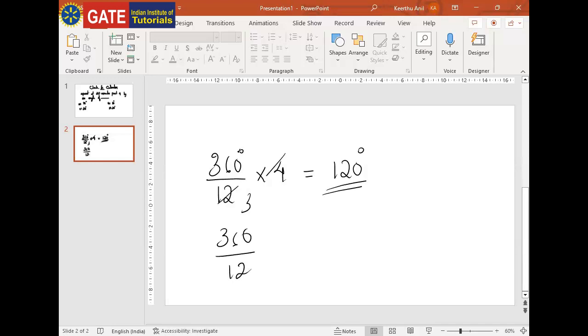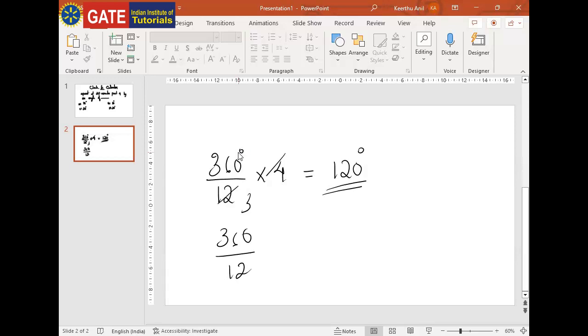So 360 by 12 into 4 will give you the position when the hour hand is at the position of 4.